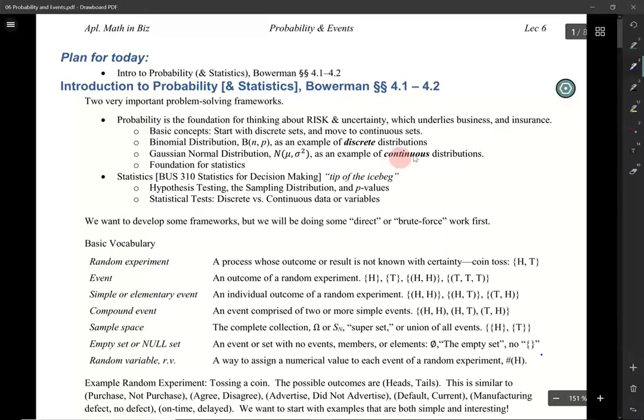We'll look at it primarily because it's a continuous distribution. Later on, we'll do a tip of the iceberg introduction to statistics. And then there's another course after this, the Business Core course, Business 310, that hopefully this whole probability section and a little bit of statistics will give you a running head start into. Okay.